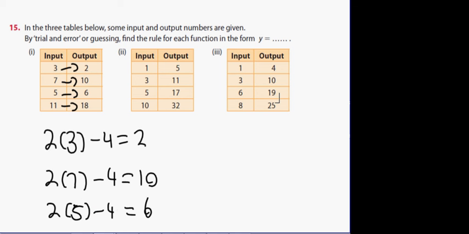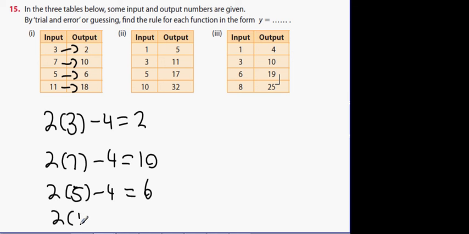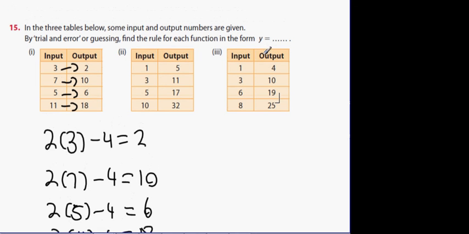And 2 multiplied by 11 minus 4. Anybody? 18. So that's how Dennis got that. So the answer for this question is 2x minus 4. 2 times the input minus 4. Let's have a look at the next one.